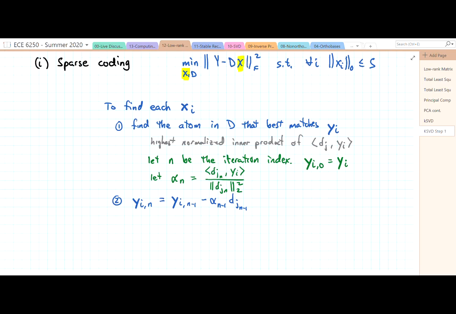So if we continue this indefinitely and our alphas were always non-zero, under a few other constraints that we won't talk about now, in general we could eventually drive the error down to 0 and have some perfect representation. But with sparse coding, we're not so interested in the perfect representation. We're interested in stopping.